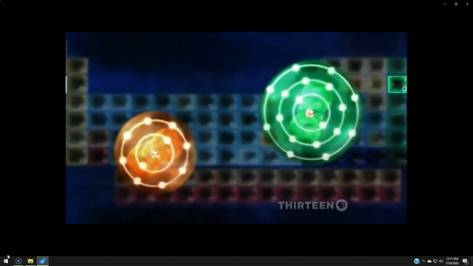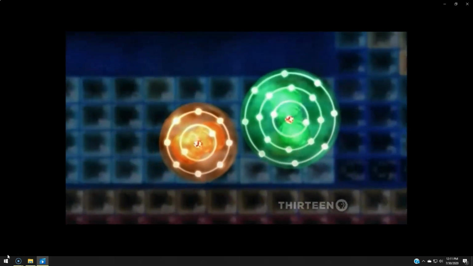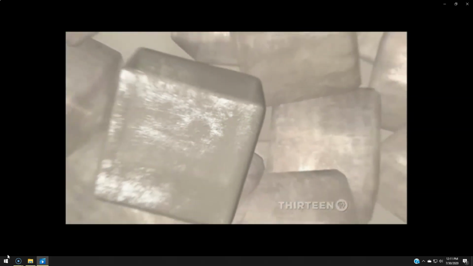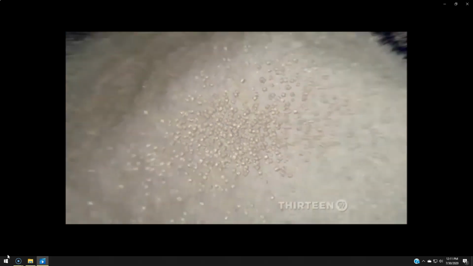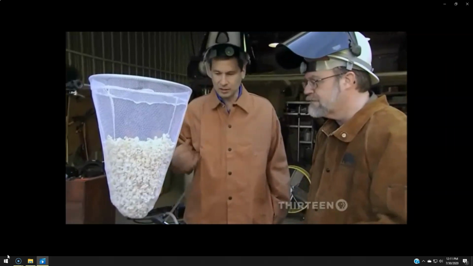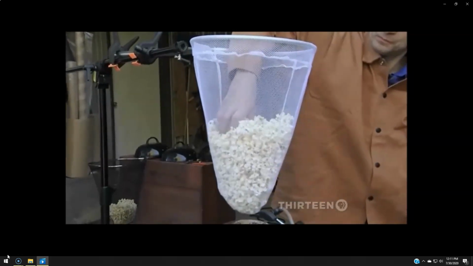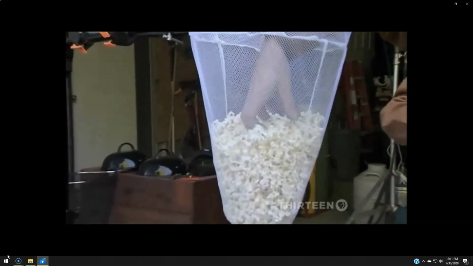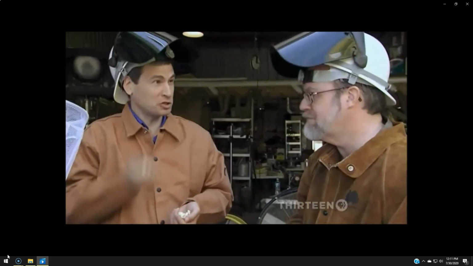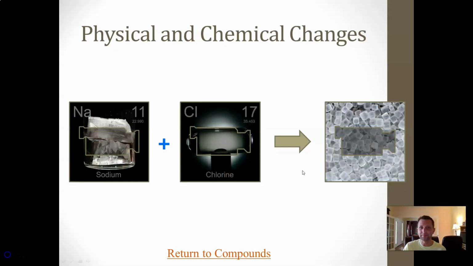Once the handoff was complete, both atoms wound up with full shells, making them stable, and able to join together to form a crystal compound we can't live without. Sodium chloride, table salt. Now, I don't exactly see a pile of salt anywhere. Now, the salt, most of it went up in the smoke. It went in the popcorn. Tastes like salt. The good stuff. Fresh. Even the freshest salt at Teo's farm.